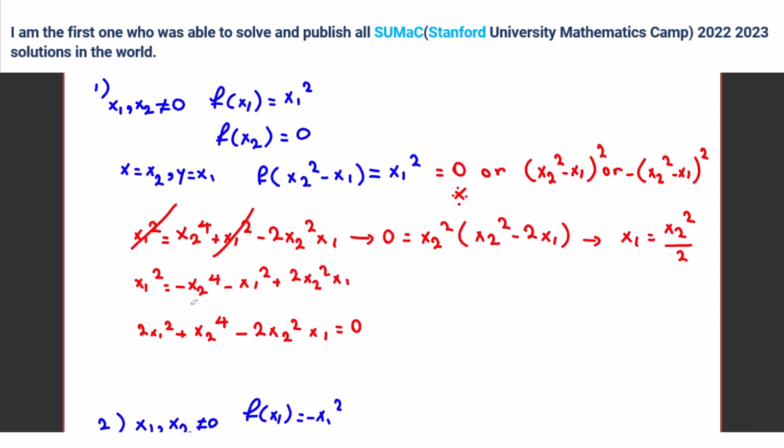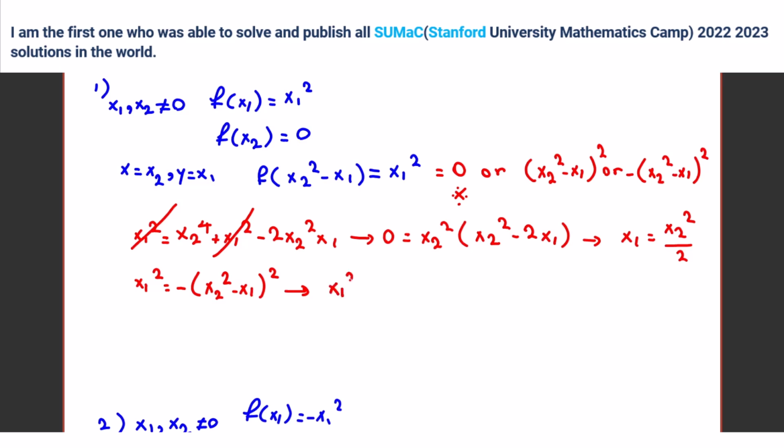Oh, no, you don't need to expand this. We can write this one as negative x2 squared minus x1 squared. Because it's negative, we can take it to the left hand side. So because the sum of these two squares is equal to 0, what can we conclude?